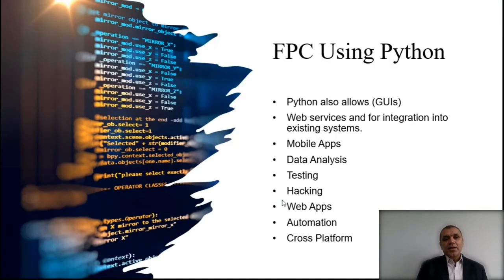Now, while we are using Python, as we discussed, Python allows GUI, the graphical user interfaces. It provides support for different sorts of web services where we can integrate them easily. It provides support for web applications as well, and at the same time for mobile applications.